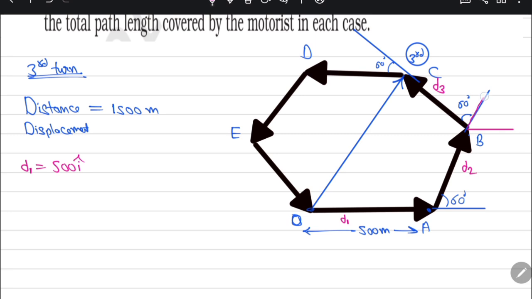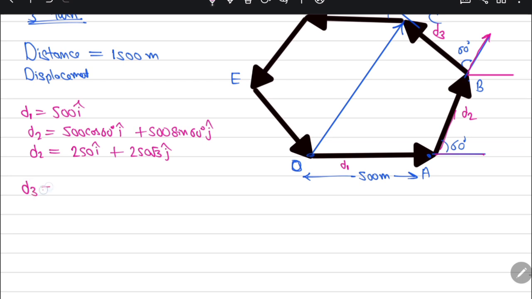This is our another vector, so I resolve this d2 vector in component form. d2 is 500 cos 60 degree i cap plus 500 sin 60 degree j cap. So d2 comes out to be, cos 60 means 1 by 2, 250 i cap plus 250 root 3 j cap.